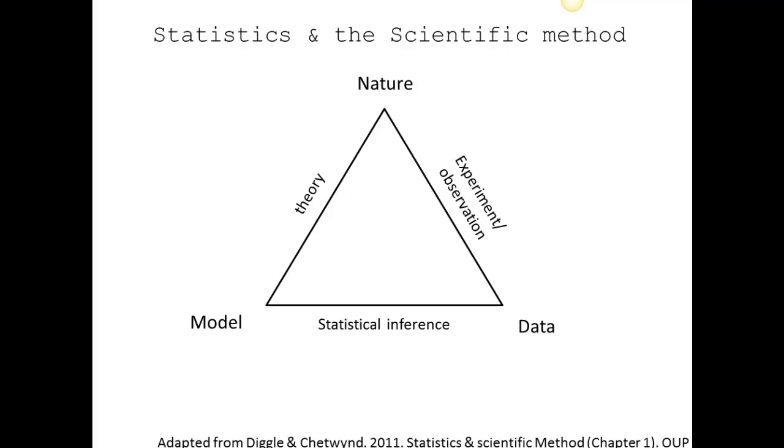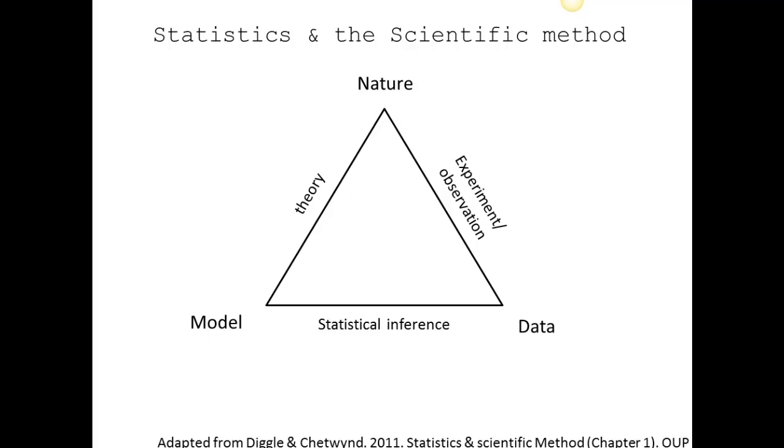Popper's view of science is now widely accepted, and it is complemented by the nature of statistical inference too. Statistics never proves a model, it only measures how consistent the data are or are not with a model or a hypothesis, and that consistency is measured in the form of a probability.